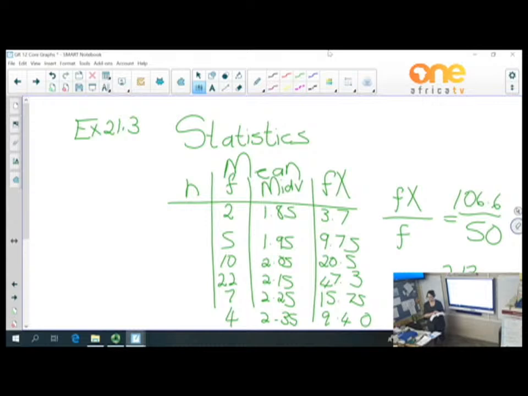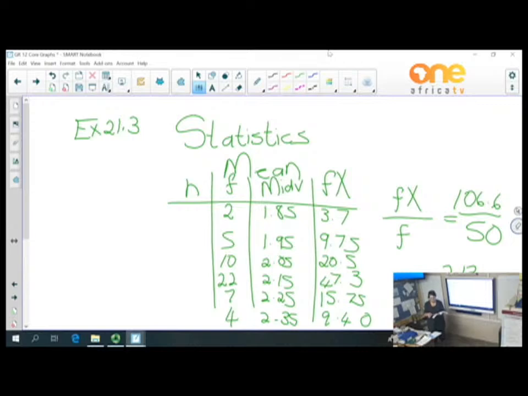Can you see it's scattered? And then usually you draw the line in the middle. We get a strong positive correlation when the points are close to the line, a weak one when they're far away, and no correlation if you just plot points with no pattern. As I say, this is not asked very often.